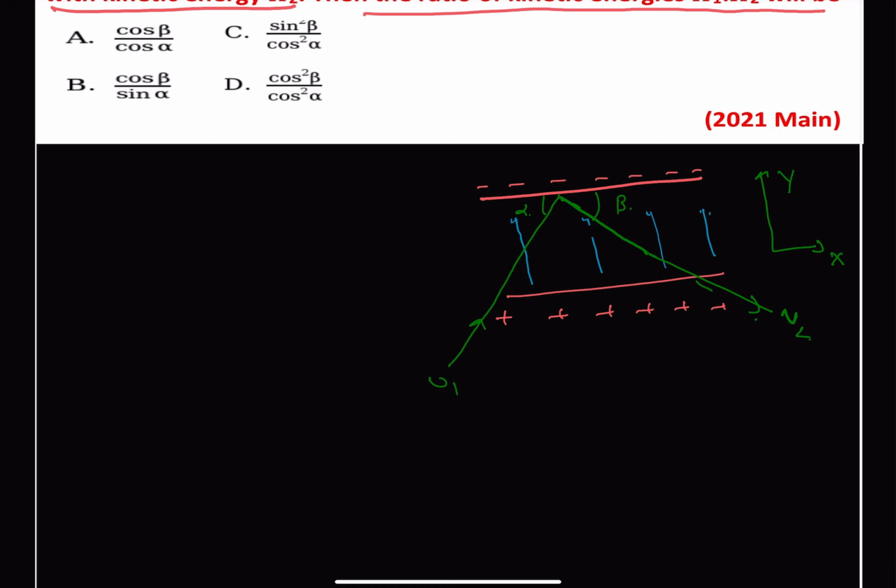If we divide the component V1 into two components, we are going to have V1X and V1Y, and these are the velocity components of the electron on entry.